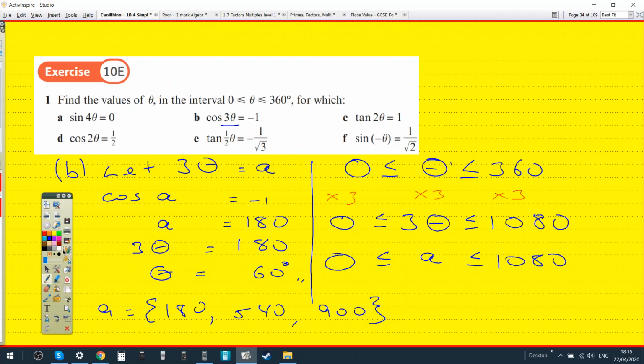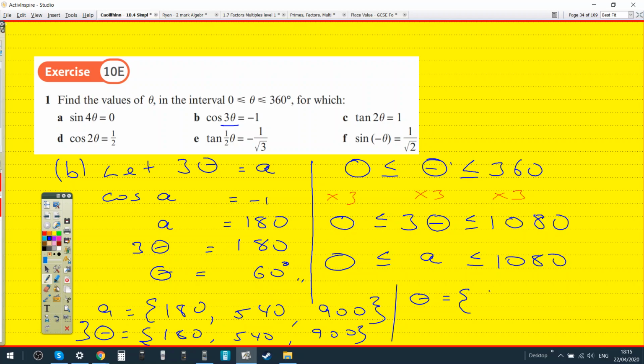And so we now do this step of unletting or replacing it. So 3 theta is equal to those 3. And so how do you get theta? Divide all of them by 3. Yes. What do you get?